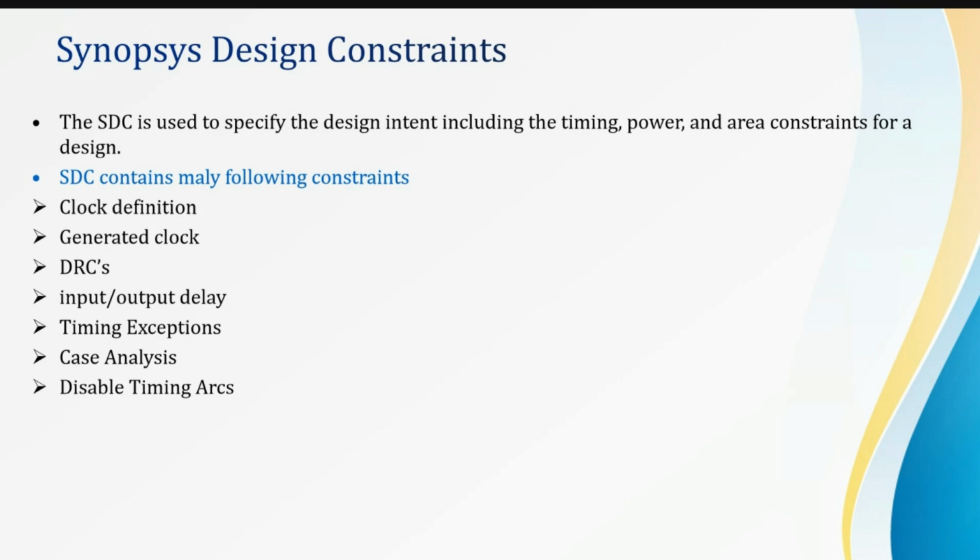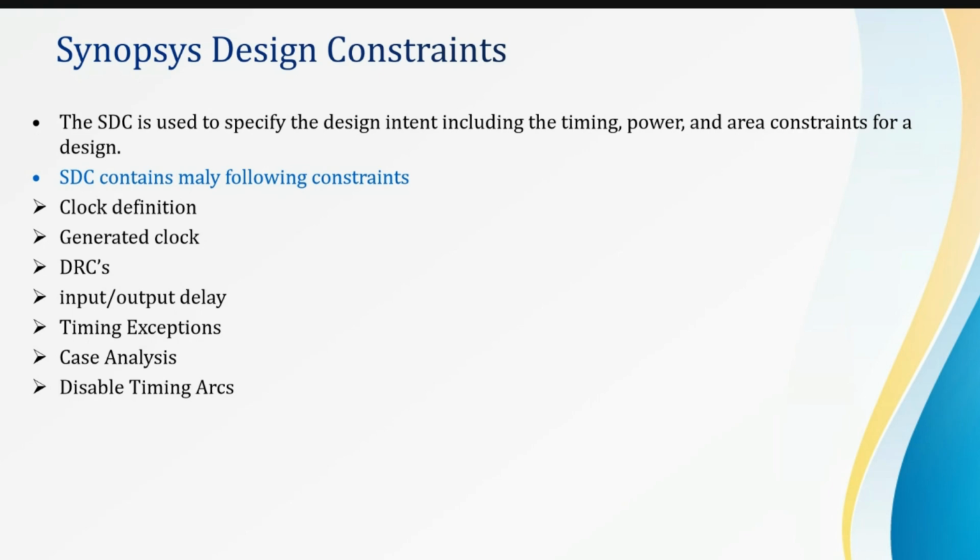So in that Synopsys Design Constraints, if you have the design, you will be having the clocks. That clocks have to be defined somewhere. Those clocks are defined in the SDC file. So in the clock definitions, you will be having generated clocks and virtual clocks, which will be defined in the SDC itself.